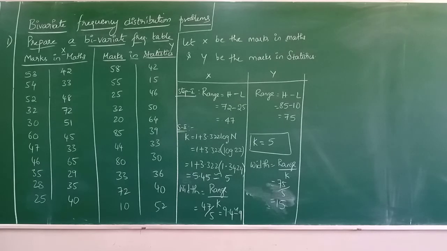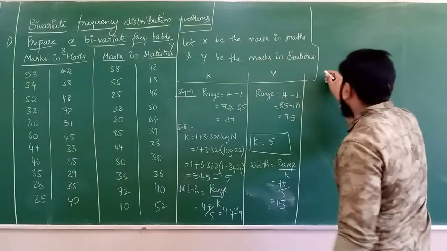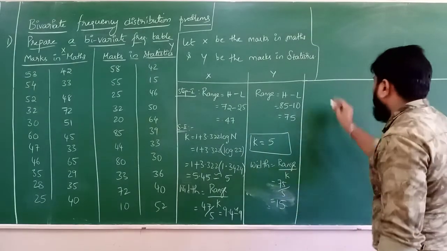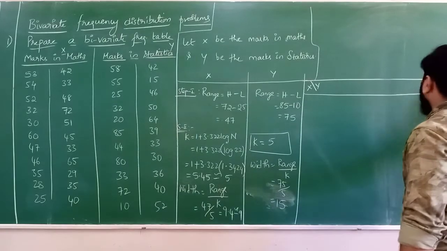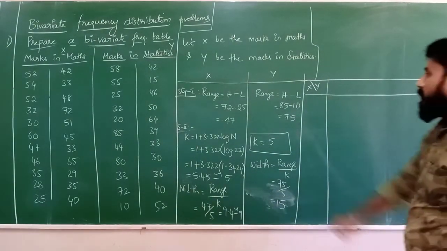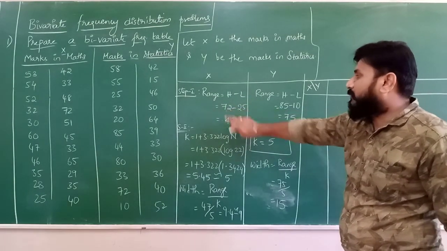Right? Now frame the table. The data we have got, now we have to frame the table. Here the least value is 25 and the highest value is 72.